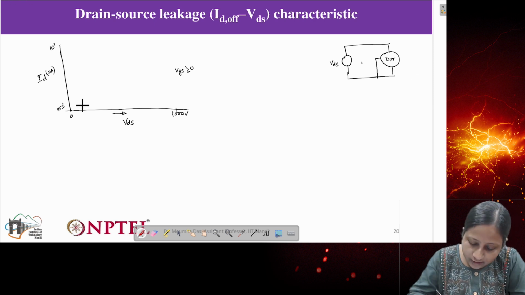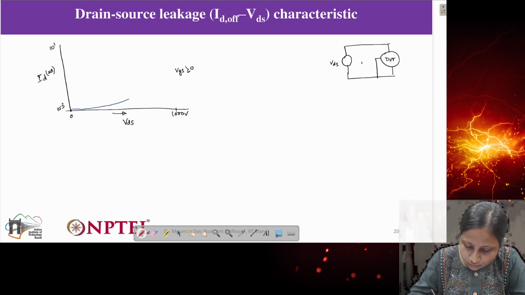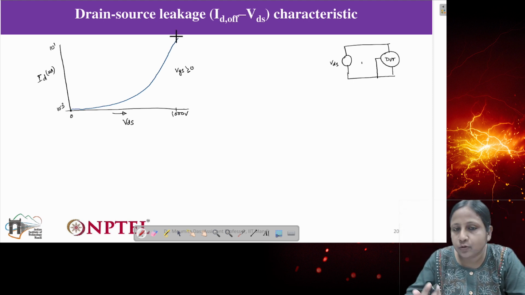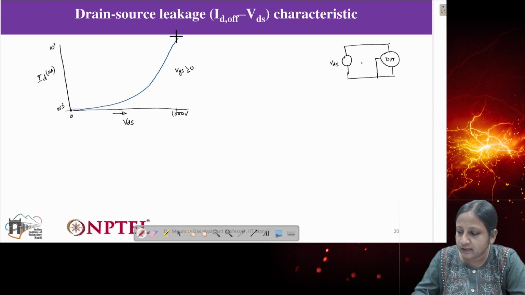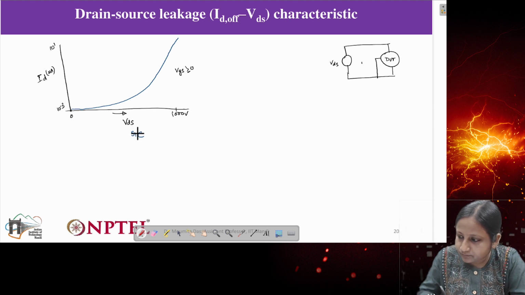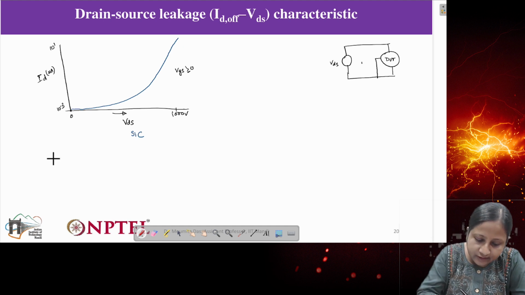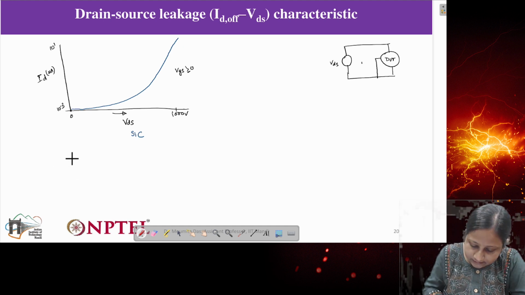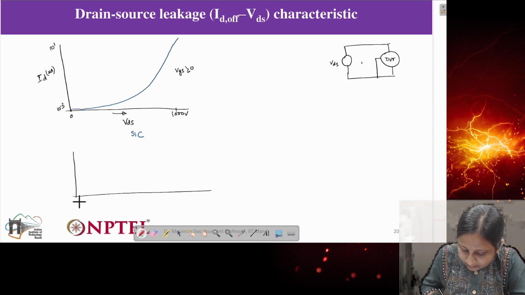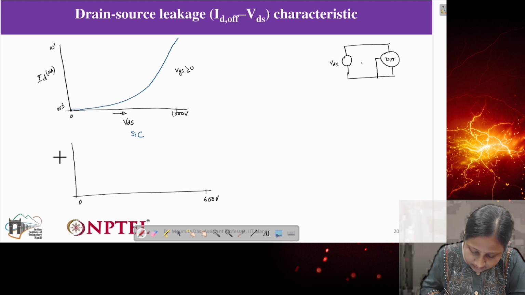So how will it look? It will look like this. As the voltage is increasing, the leakage current value will increase. It will start from microamperes, so that is very little. This is for the silicon carbide device. And similarly for the GaN device you will get a similar type of characteristics. It will also look similar. So basically, 0 to 600 volts if I consider for GaN, and this will also be in the microampere range.